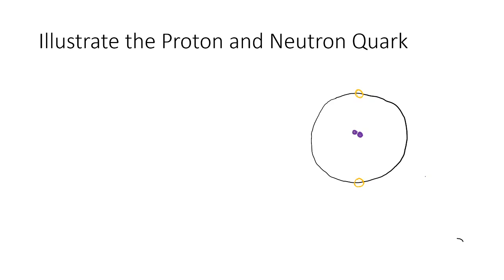So you have protons in your nucleus. I'm even going to put a positive sign inside of those to say your protons have a positive charge. Then you also have neutrons, and neutrons have a neutral charge. They have a charge of 0.